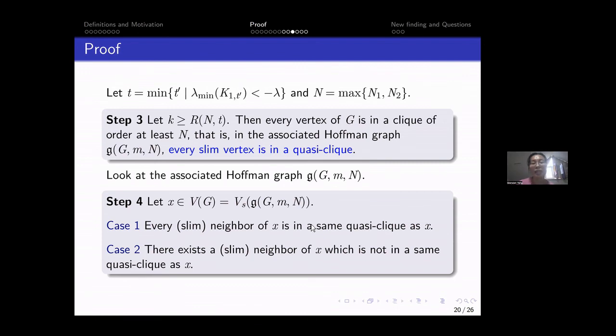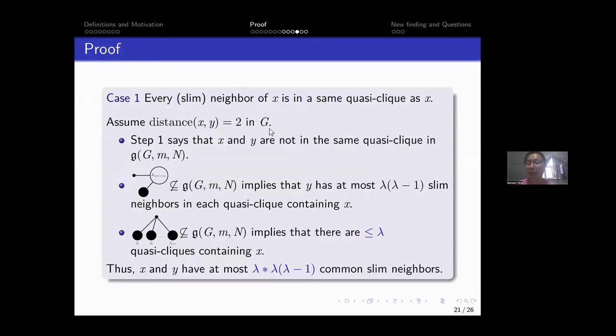Then in this case, we choose a vertex y, which has distance 2 from x in J. Then in step 1, we have known that every quasi-clique is a clique. So if these 2 vertices have distance 2 in J, then they are not in the same quasi-clique.